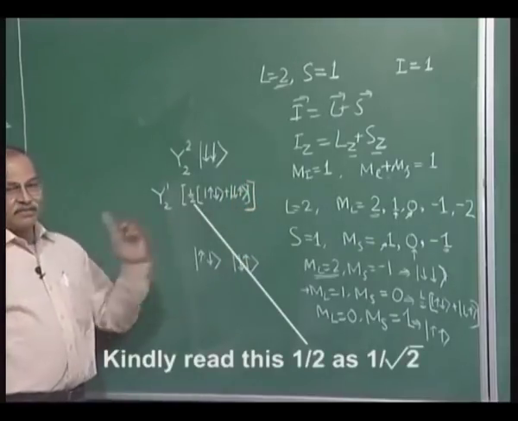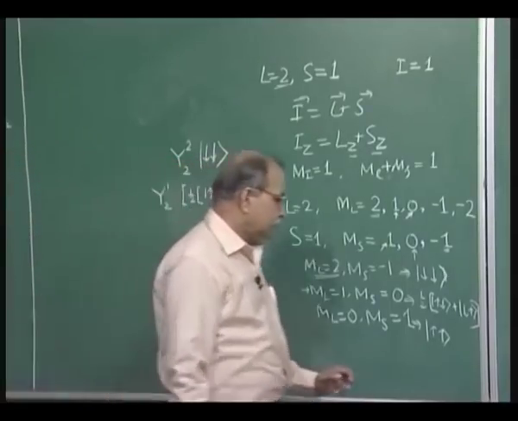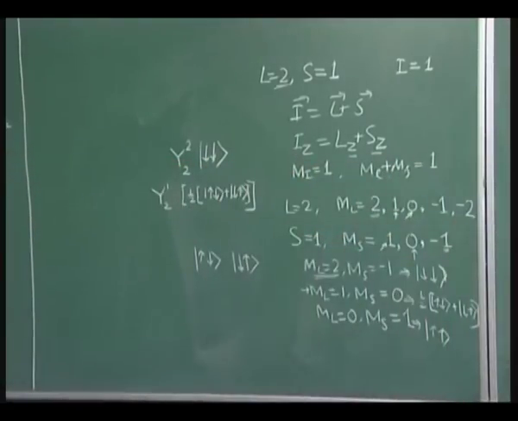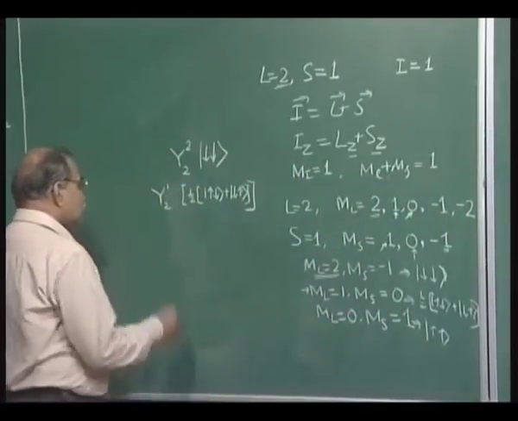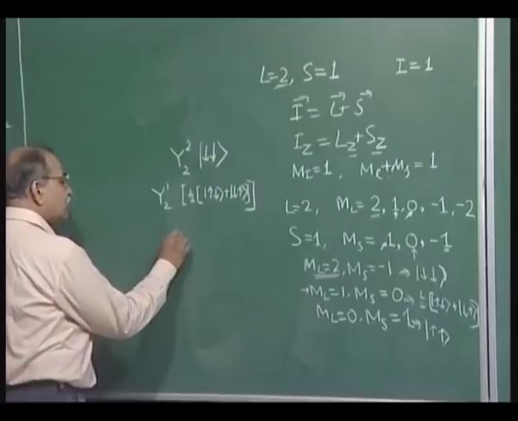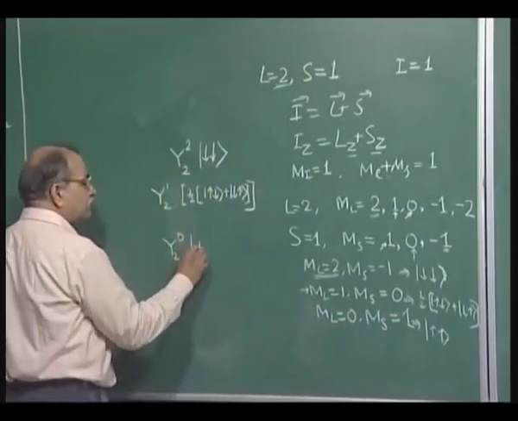This will be the wave function. And the third one, you can work out, it is simple. This is M L equal to 0, so you should write Y 2 0 here and M S is equal to plus 1, that is up up.